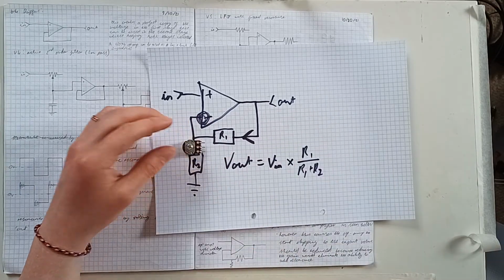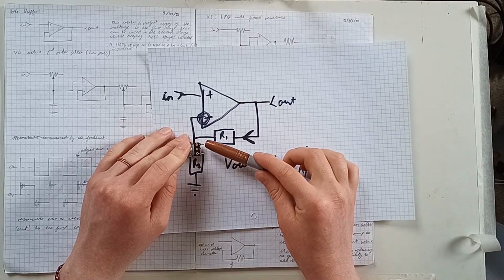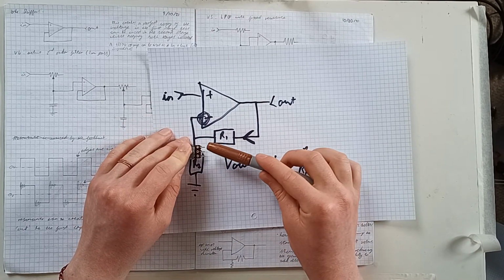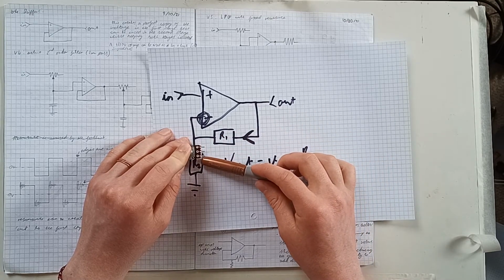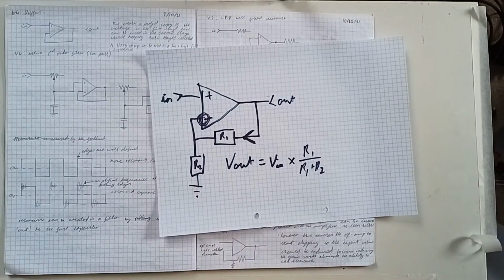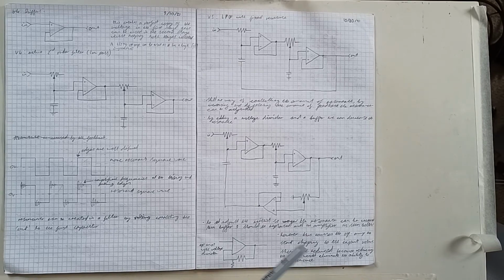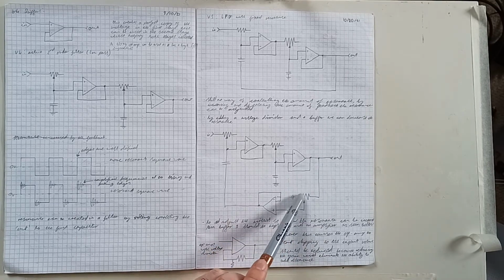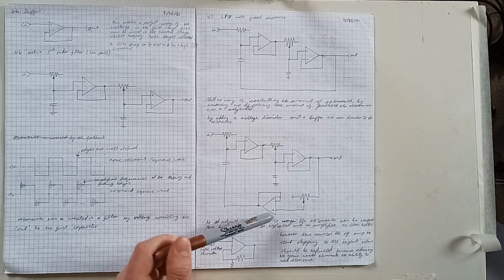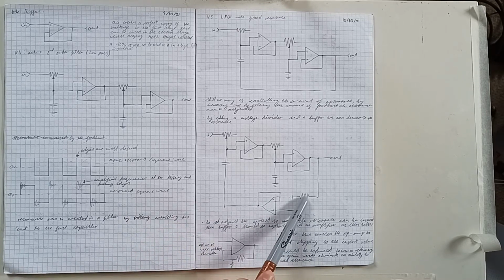So if you had your signal going into the first pin, the second pin would then be your output, and the third pin you would then connect to ground. And that would give you a voltage divider. So rather than using an amplifier in this specific case, I'm reducing the actual input voltage going into the non-inverting input using that voltage divider.